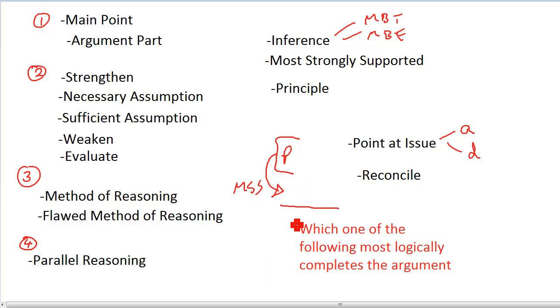Now, of course, I said this is malleable because it's not always the case. Sometimes they'll preface this with a "because," comma, blah, blah, blah. If they preface it with "because," none of this stuff is relevant anymore. What does "because" introduce? "Because" always introduces a premise, either a sub-premise or a main premise. So if they preface with this, then they're asking you to identify a premise. If they say "after all," comma, blank, then again, they're asking you for a premise.